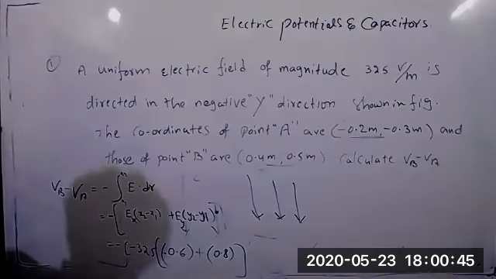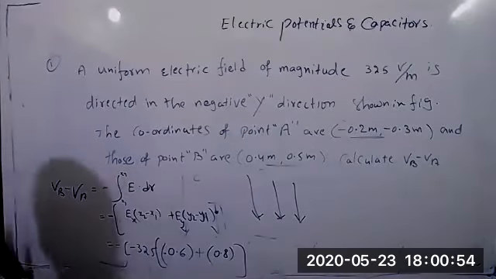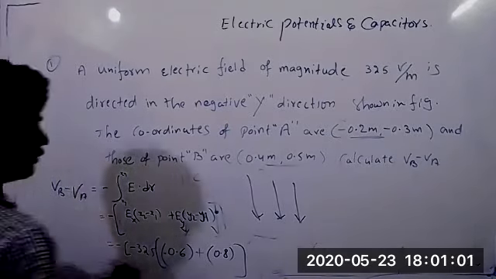I was telling it should be 325 into minus 0.3. Actually, what is the diagram?